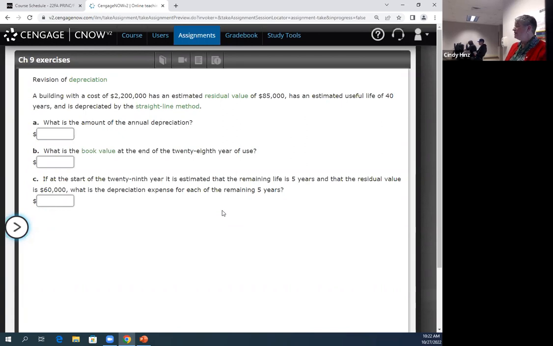And so the 2 estimates that go into our calculation are how much is this asset going to be worth when we're done using it, which I called the residual value, or the salvage or scrap or trade-in value. All those terms kind of mean the same thing. And the other piece that we estimate that goes hand in hand is how long are we going to use this asset, or what is its estimated useful life?